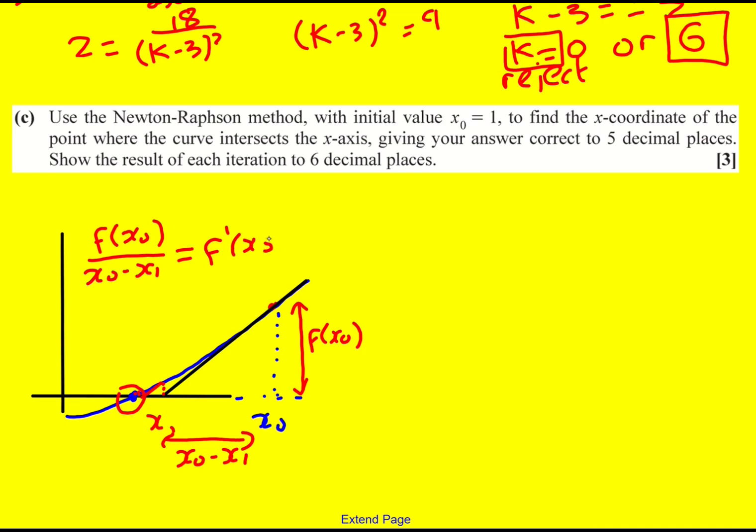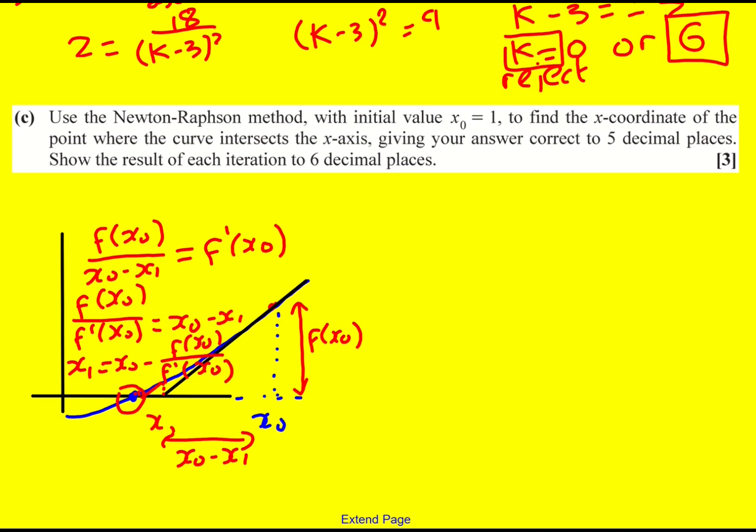If you then put in x0, then we get the gradient at that point. I can times through by x0 minus x1 and then divide by f dash x0, basically swap these two around. Then rearrange to give x1 is x0 minus f x0 over f dash x0.